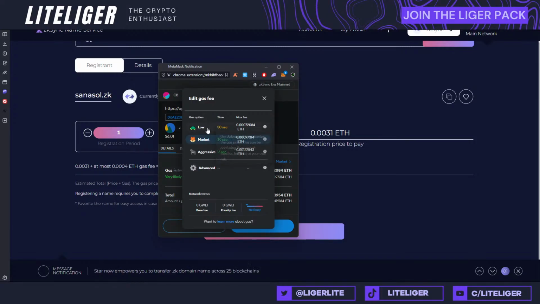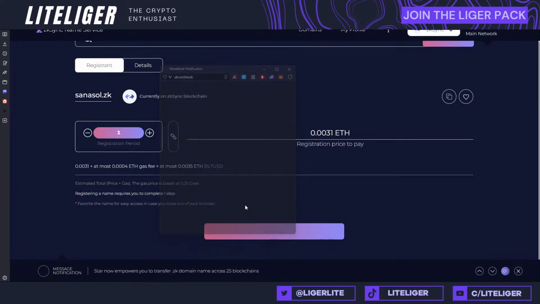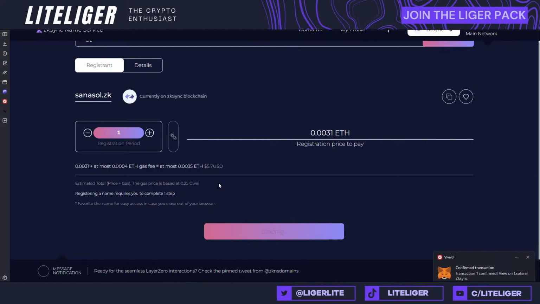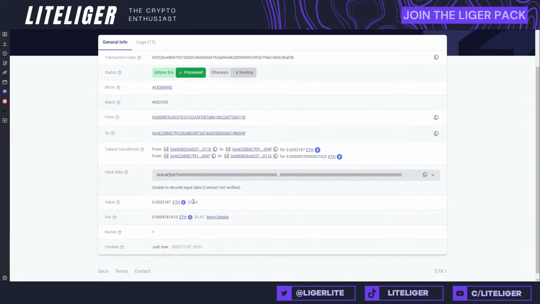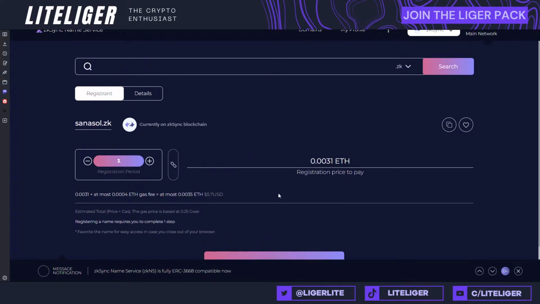Once again, low. We don't want to make extra cost. It says 1.35 in terms of gas fees, but obviously it's not going to be that much. So here we see the actual cost is going to be 87 cents and 5.84. So roughly $6. And now we have registered Sanasol as ZK.